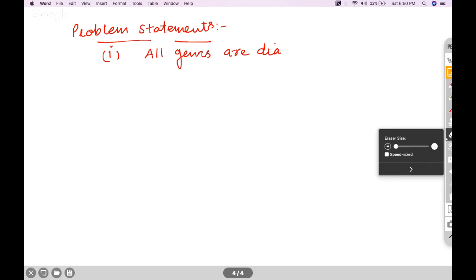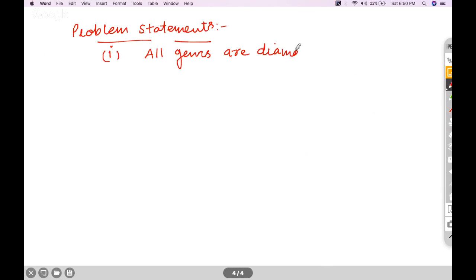Problem statement 2 is all diamonds are rocks.